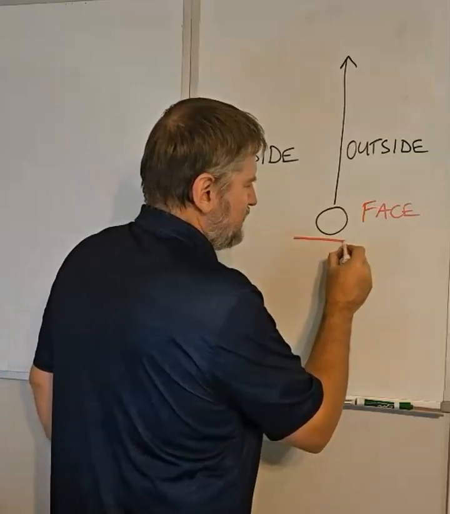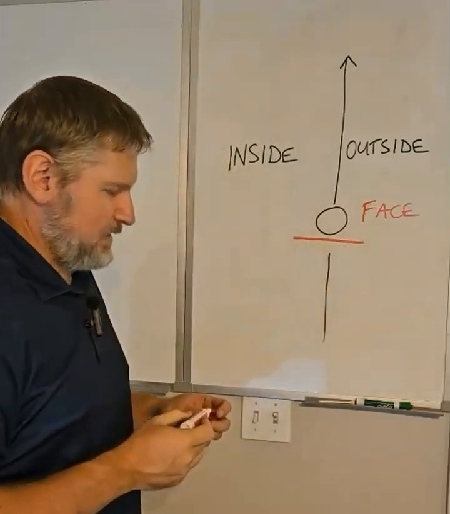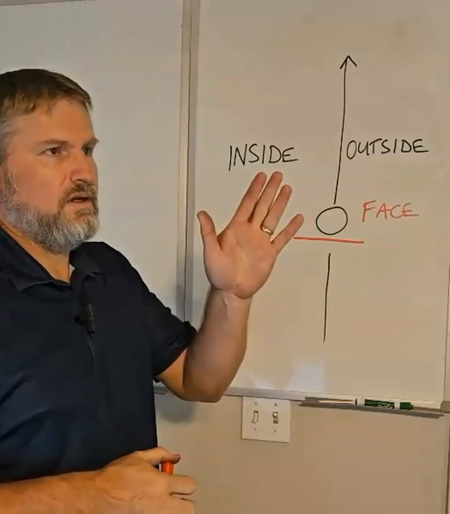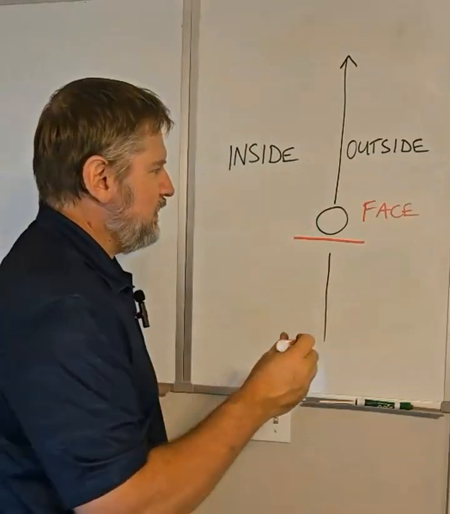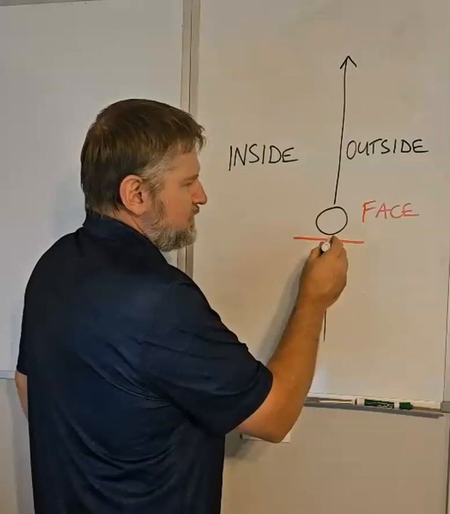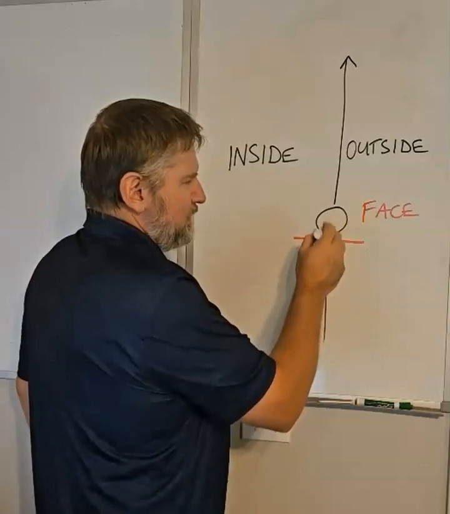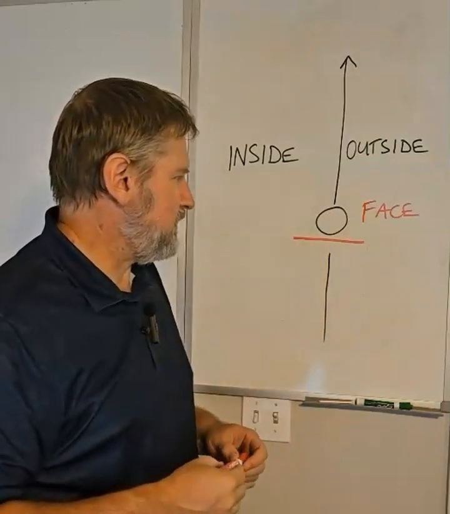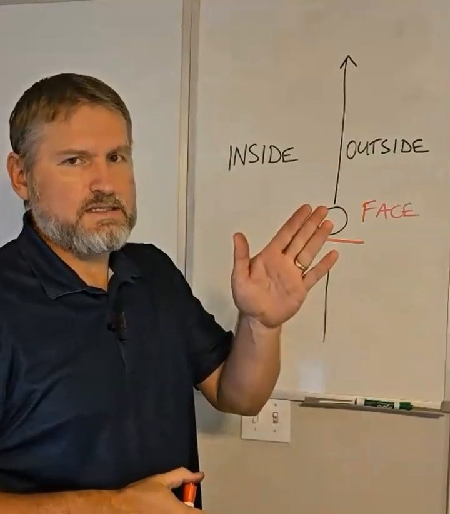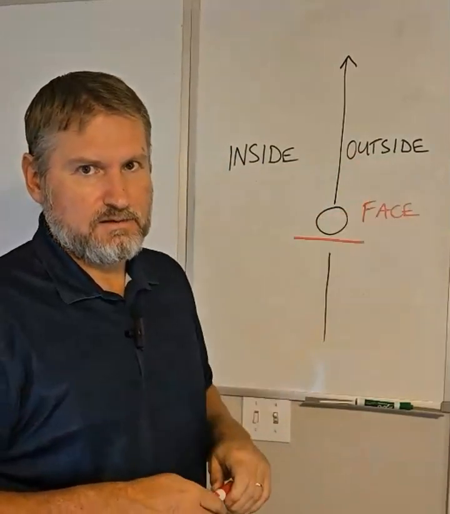We can have a club face at impact that is perpendicular to your target line. And in this instance, we say that the club face is pointing at your target line, right?